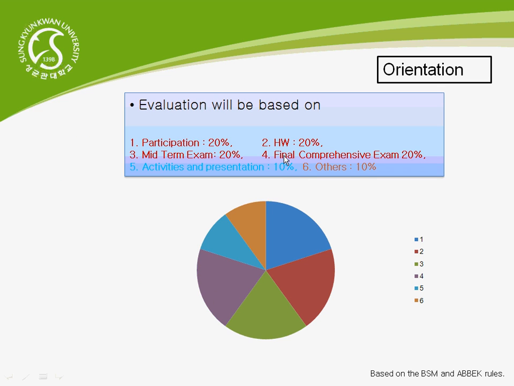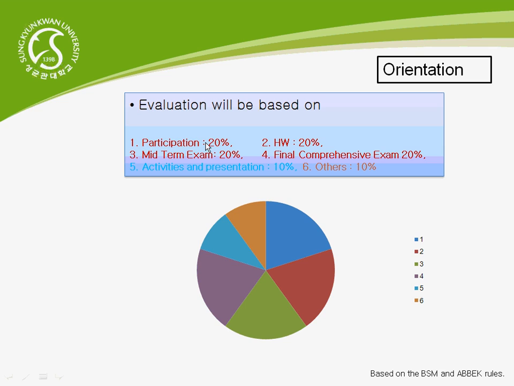Here, evaluation will be based on participation. I made it a little differently, but I think I may keep this guideline, which was made with deep consideration for the nature of our class.